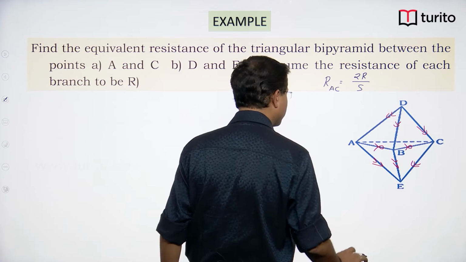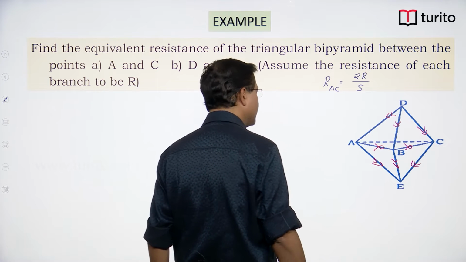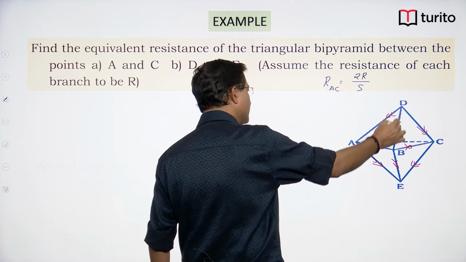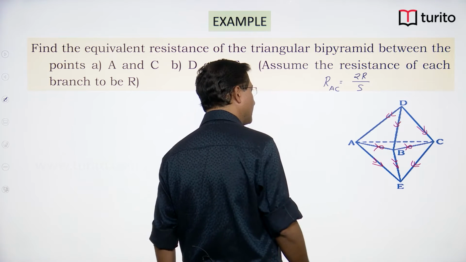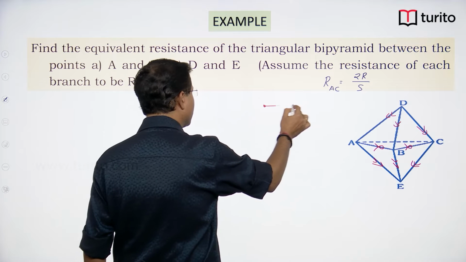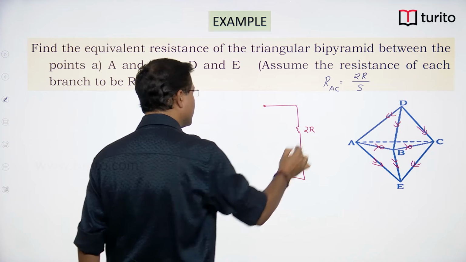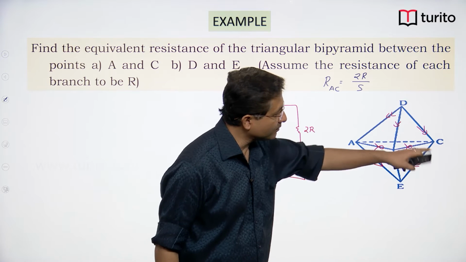I hope it is clear. Now DE, this is this one. Separately I can draw 2R, so this particular branch I am drawing separately.